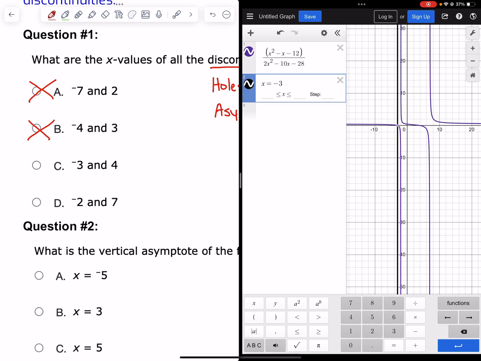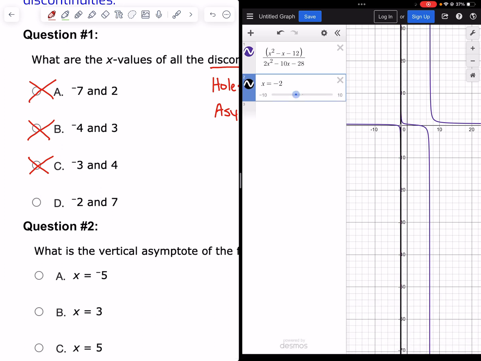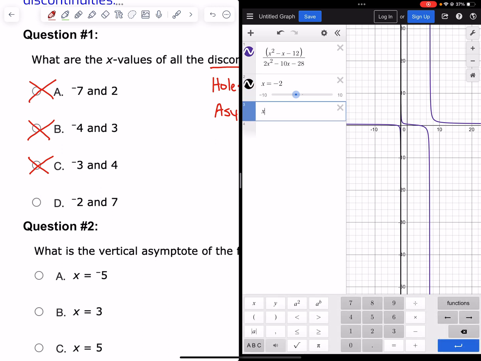X equals -3, we're getting closer, but that's still not it either. And then x equals -2 lines right up with where it looks like we have an asymptote. Then also for answer choice D, let's check x equals 7. And notice those are the two places on the graph that look like they are indeed undefined. So the best answer choice is D.